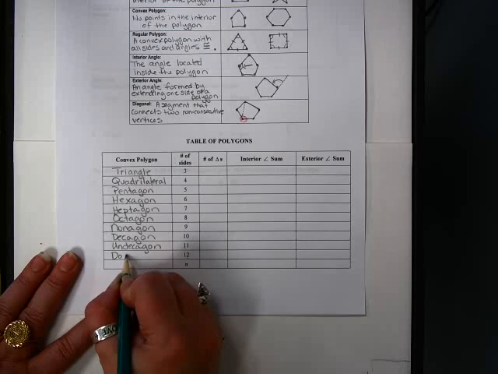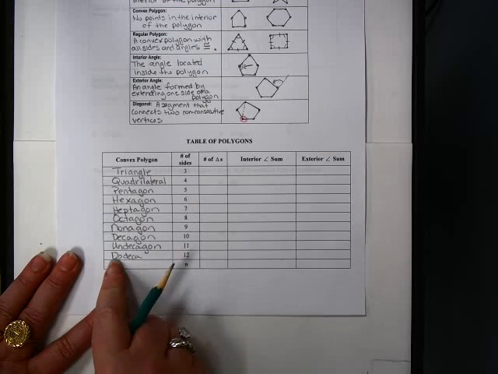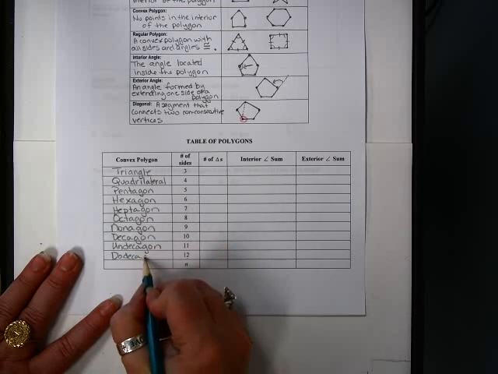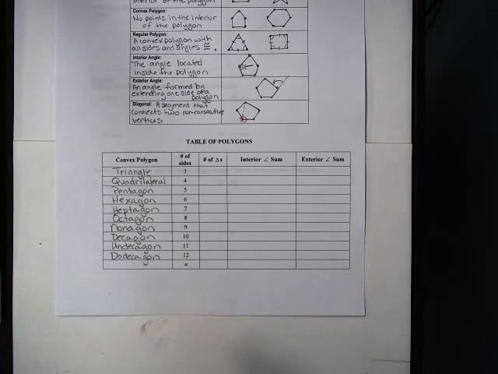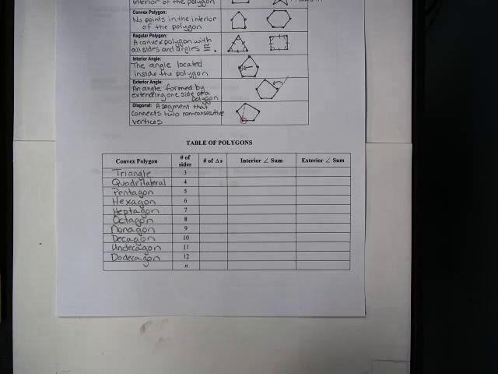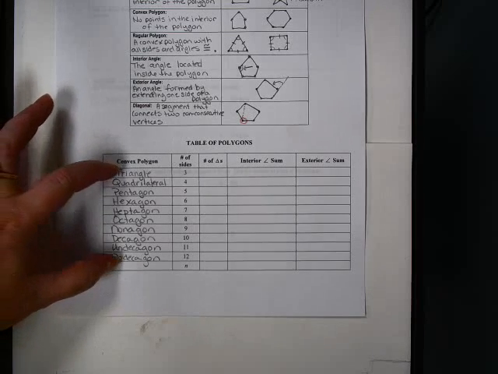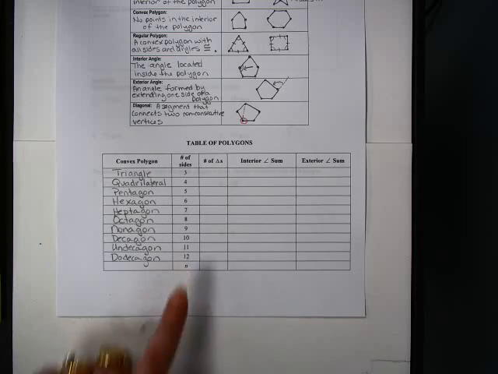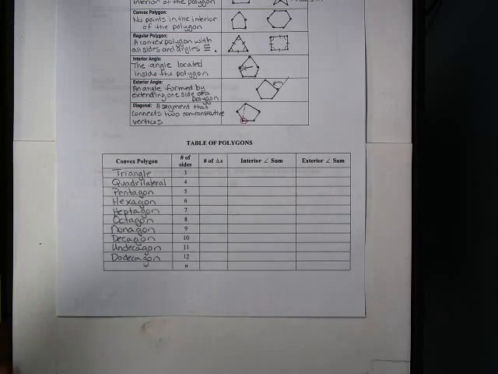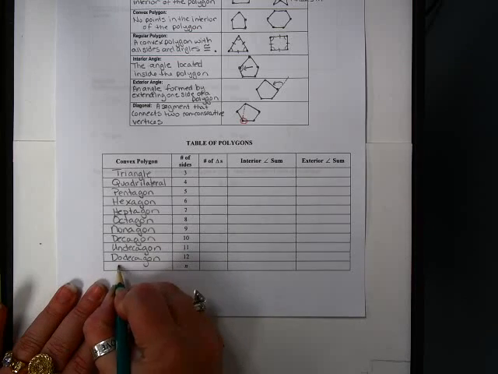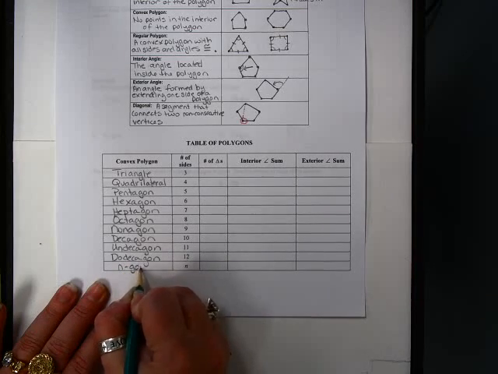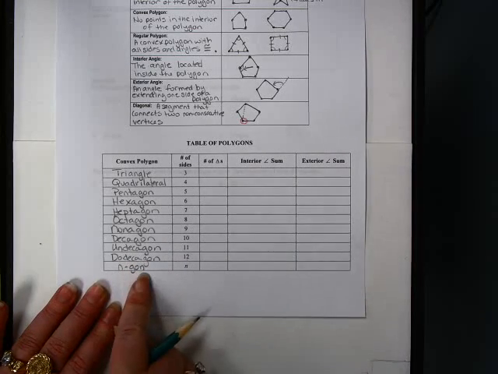So do, deca, so 2 plus 10, gon. And then after that, some of them have special names, but we are not going to learn them. We're just going to learn these. After that, we call it 13-gon, 14-gon, 15-gon. So we are just going to call this the n-gon, the number of sides that it has, gon.